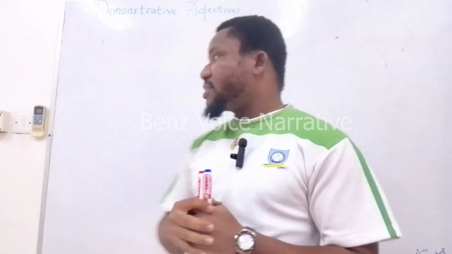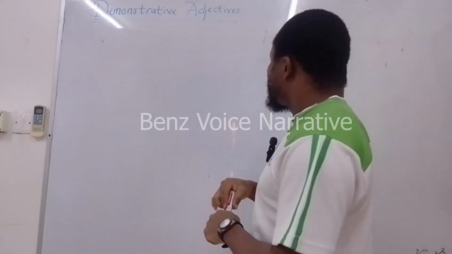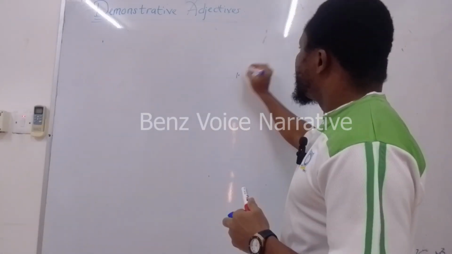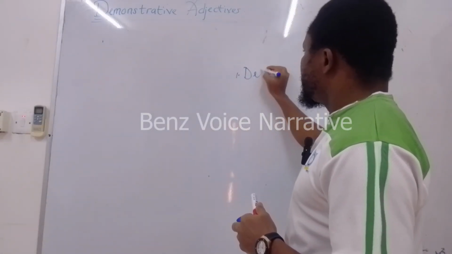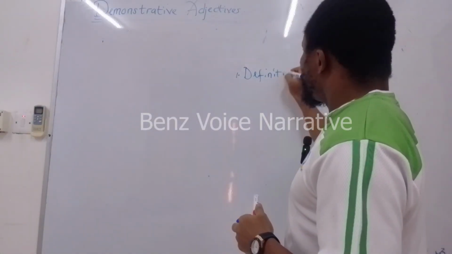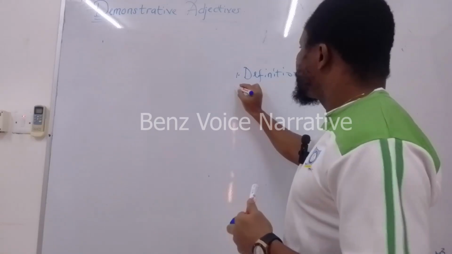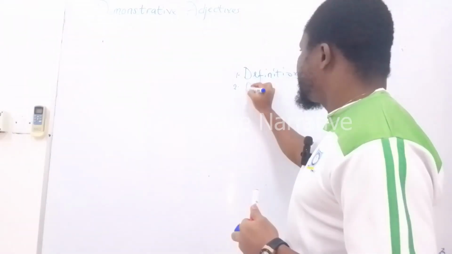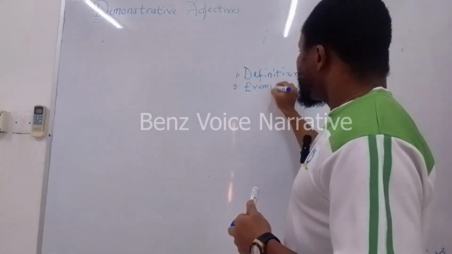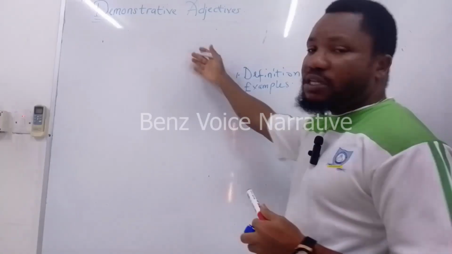And of course, we have about 3 objectives to achieve in this class. The first is we want to understand the definition, that is the meaning of demonstrative adjectives. Number 2, we want to look at the examples of demonstrative adjectives.